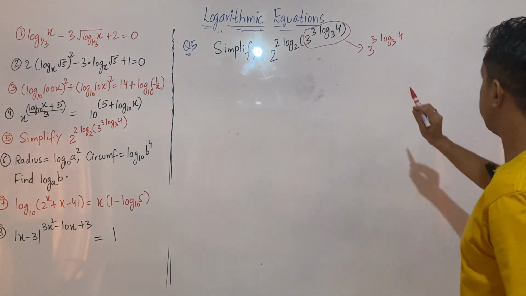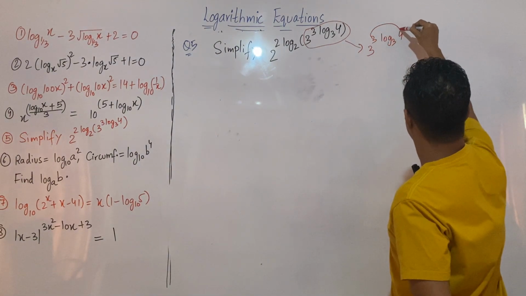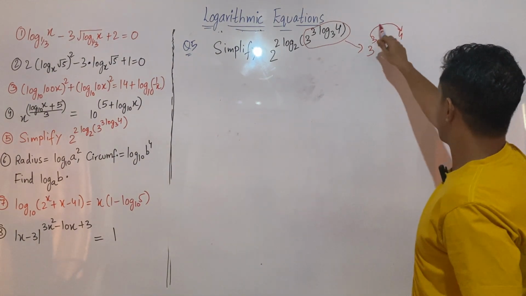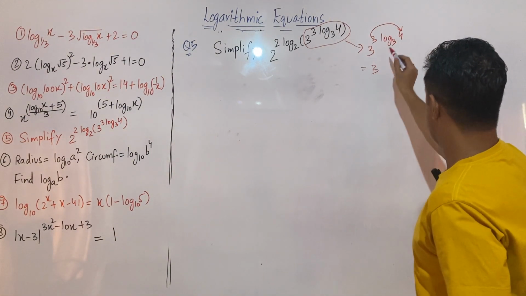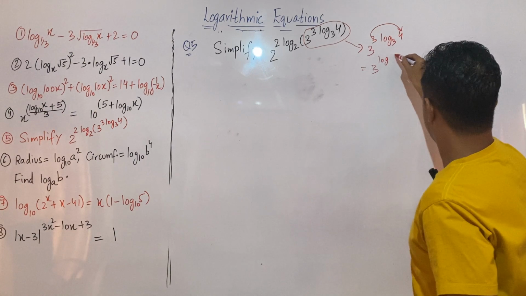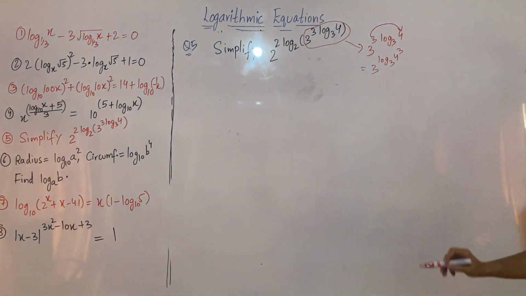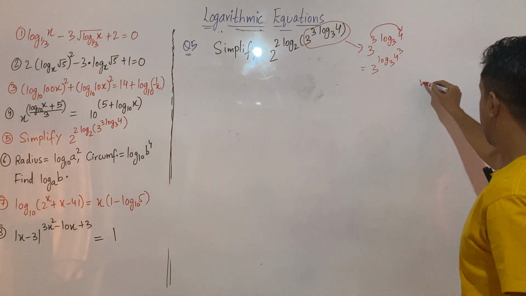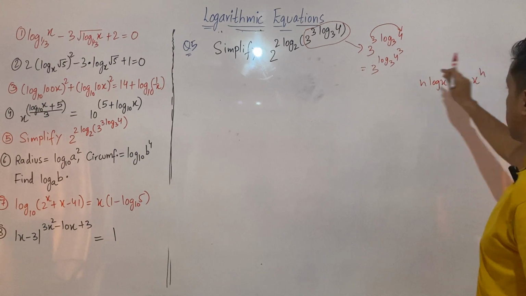What if I bring the 3 here? So it's going to be 3 log 4 raised to exponent 3, because we know that n log x is equal to log of x raised to power n.